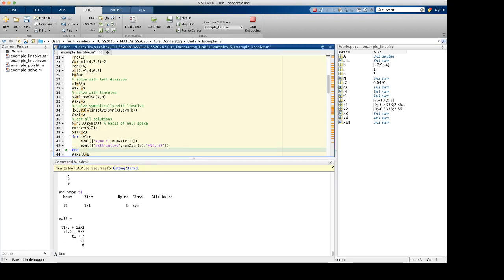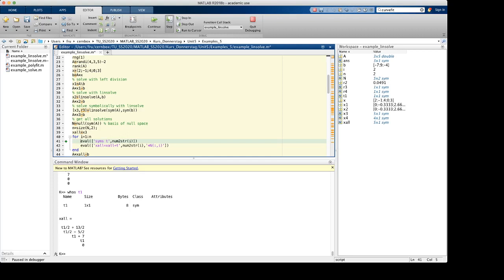So x all is now the original vector x3 plus t1 times the first column of the null space N. And we do the same again for the second basis vector in the null space.